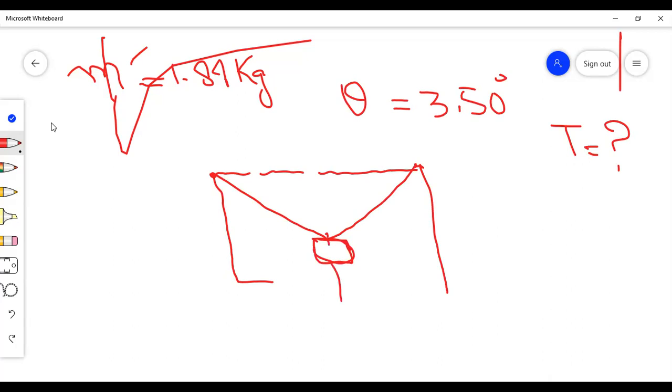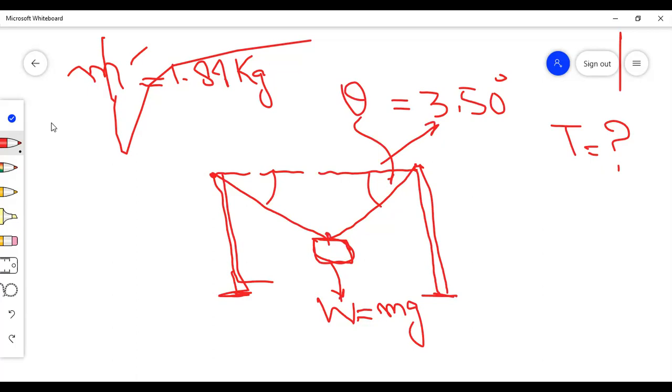Due to its weight, the bag will be in this position, and it will make this angle theta with both ends, in the middle. These are the two poles or whatever the arrangement is. Now when it comes down due to its weight, in the string there are two tensions, in this part T and also in this part T. Because it is suspended in the middle, the tension on the right end and on the left are equal.